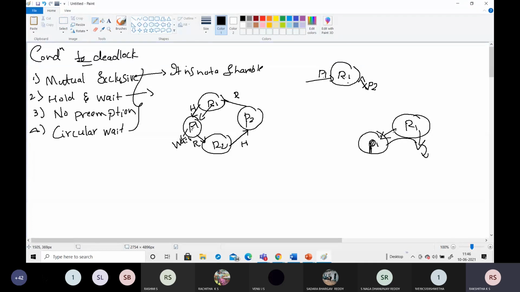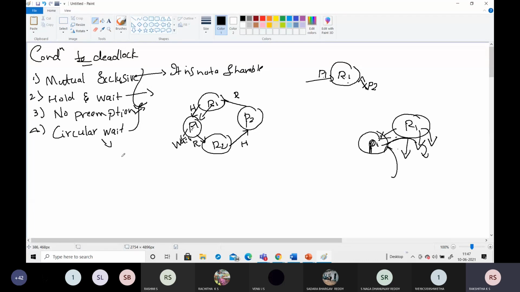P1 will say, my work is done, now I am going to release this particular R1. That particular R1 is released by the process itself, and we call that no preemption. We are not forcefully removing any resource; the process voluntarily releases the resource.